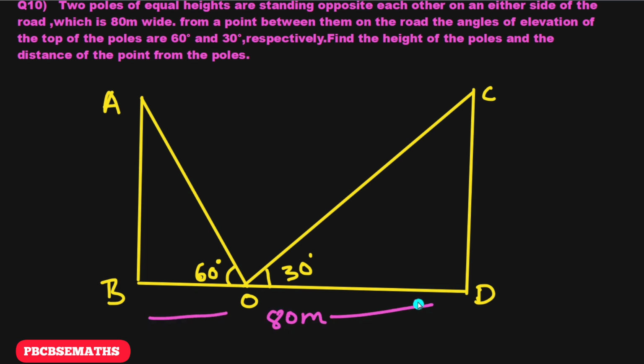So with the help of this given data, we need to find out the heights of these two equal poles and also the distance between these poles and this point O. That is, we need to calculate the value of BO as well as OD. So let's try to find out the heights of the poles and also the distance from the poles to this point O.